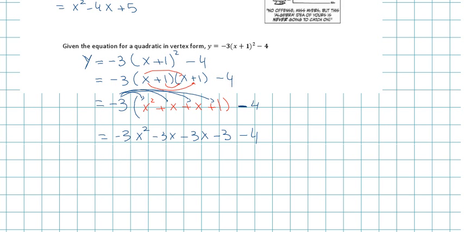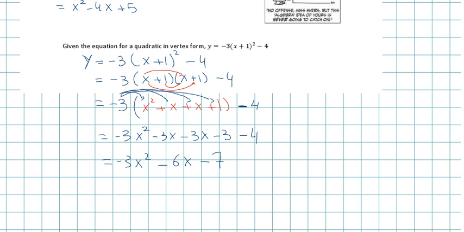Now it's all about collecting like terms. -3x squared has no like term, so I write it as is. -3x minus 3x is -6x, and then -3 minus 4 is -7. Done. So I expanded from vertex form to standard form.